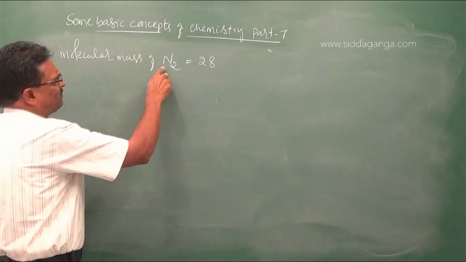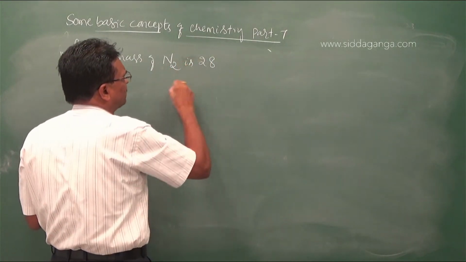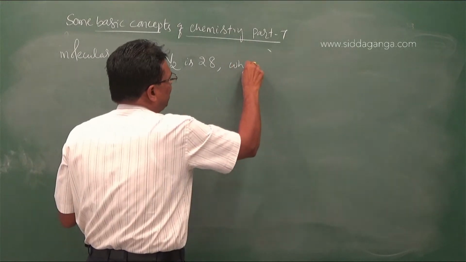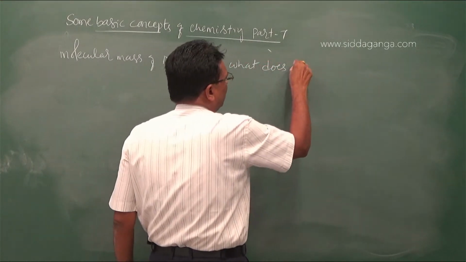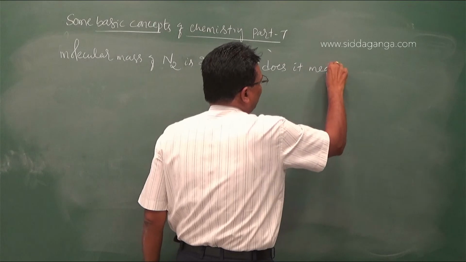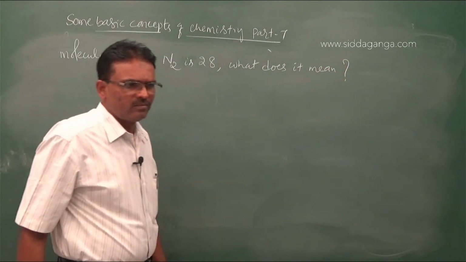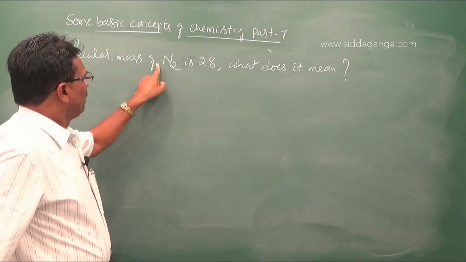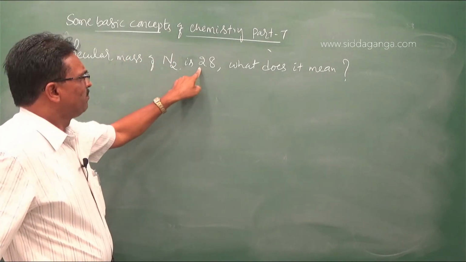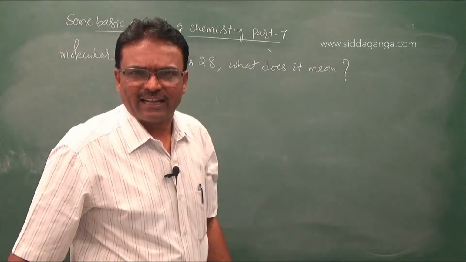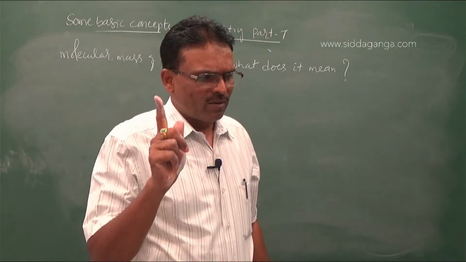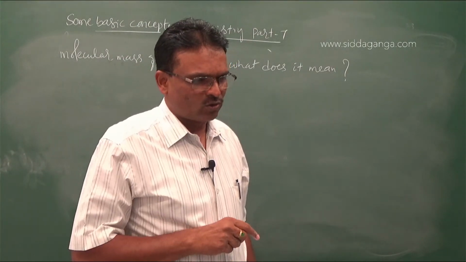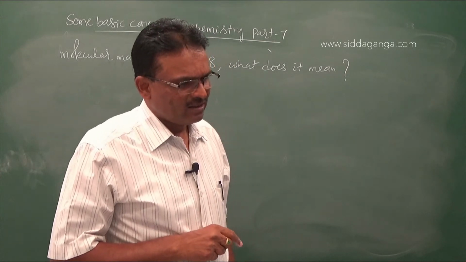So the molecular mass of nitrogen is 28. What does it mean? So the average mass of one molecule of nitrogen is 28 times greater than 1/12 of the mass of one atom of carbon 12 isotope. Clear?